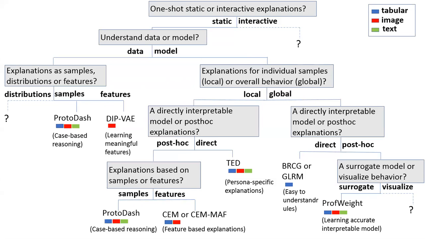For example, if you have a digits data set, say like MNIST, it's impossible for a person to look at all the 50,000 entries. But a method like Protodash would select a few representative ones, maybe 10 entries, and give you a sample of each of the digits, so that a person would quickly have an idea of what this data set might contain.